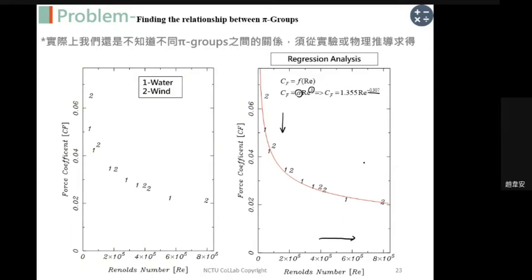Based on the dimensional analysis, we only know that the force coefficient is a function of the Reynolds number. We didn't know the exact coefficients or a certain relationship between the Reynolds number and the force coefficient. But with the experimental data, we now know the relationship between the force coefficient and the Reynolds number.